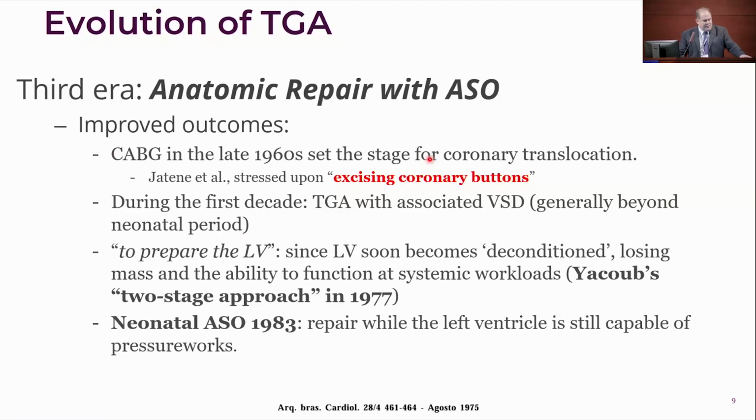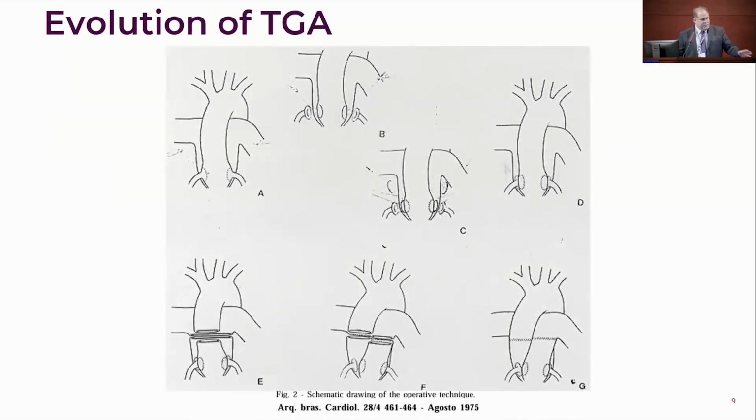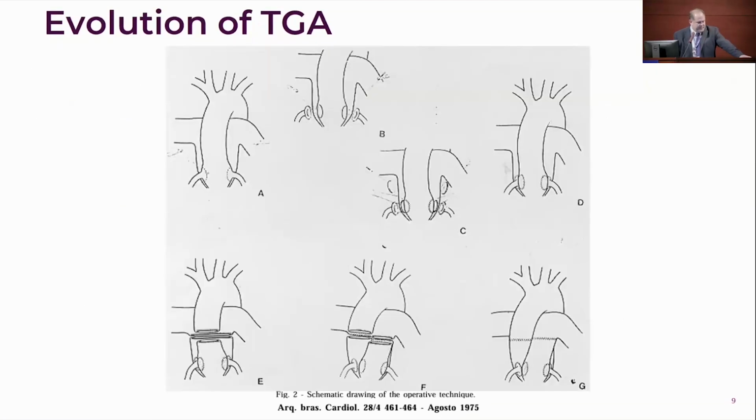In the third era, when surgeons started dealing better with coronary artery bypass, moving the coronary buttons, came the idea to do the arterial switch and harvest these buttons, and that was done by Dr. Jatene. I'm going to show you this image again.